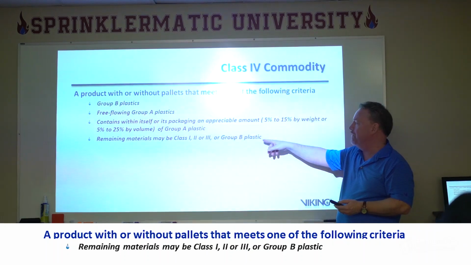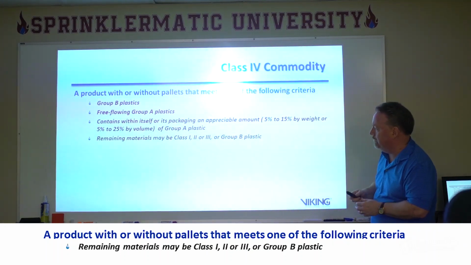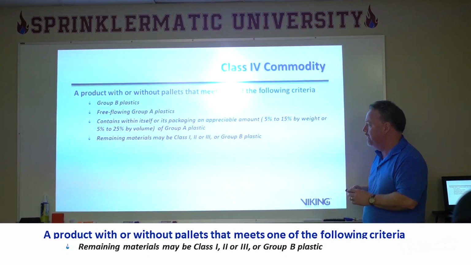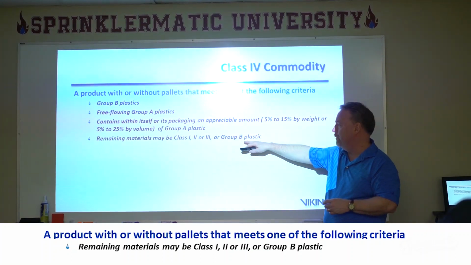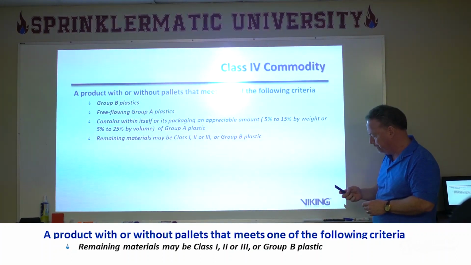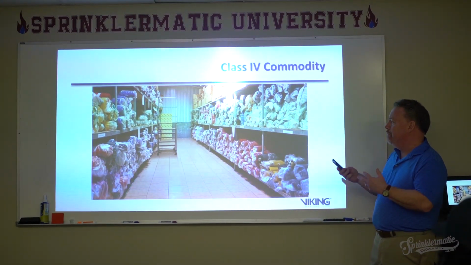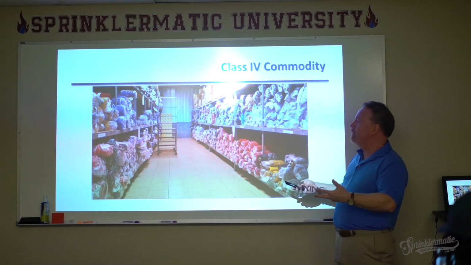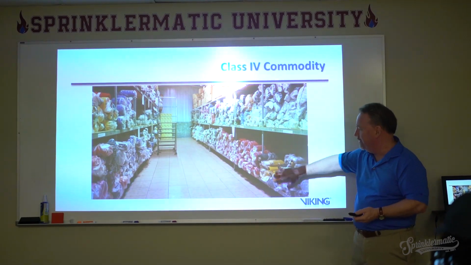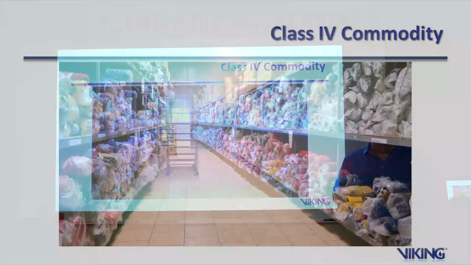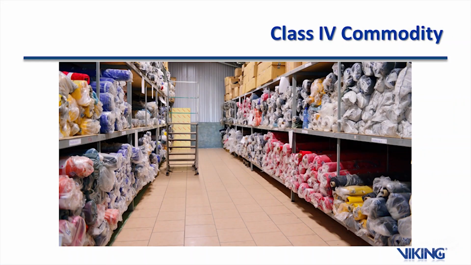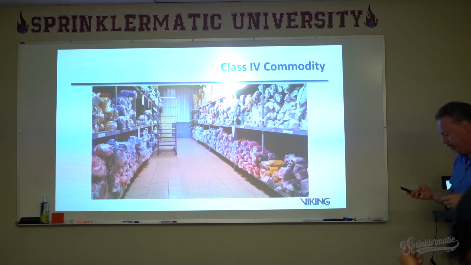The remaining material here can be class 1, 2, or 3 up to group B plastic. So class 4 commodities are basically combustible commodity, but they also can have a number of other plastics involved.